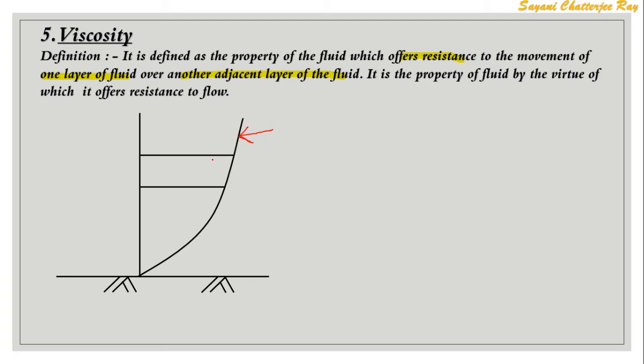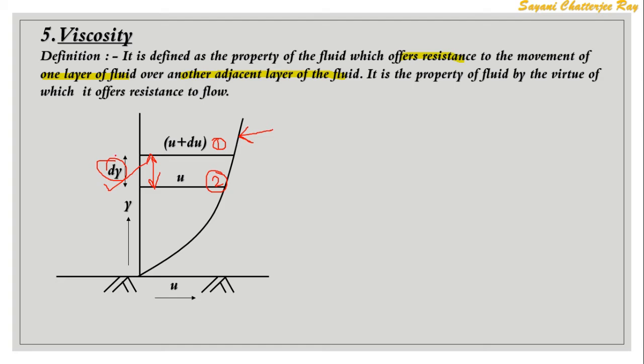Now when two layers of the fluid, the first layer designated as 1 and the second layer designated as 2, are at a distance of dy, the distance between layers 1 and 2 is designated by dy.